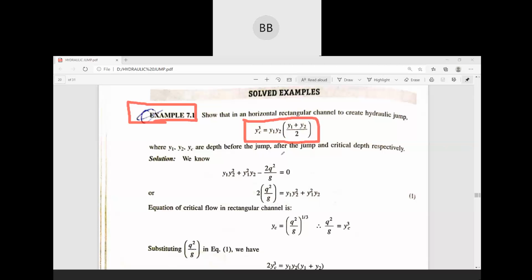So now to solve this kind of numericals, we have to use this equation. Okay, so what is this equation?